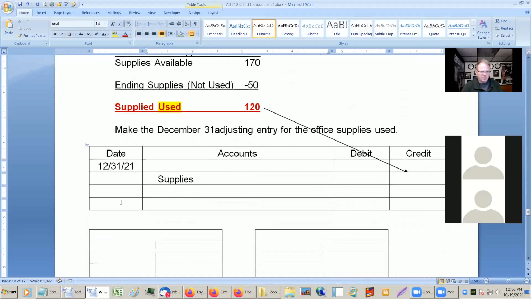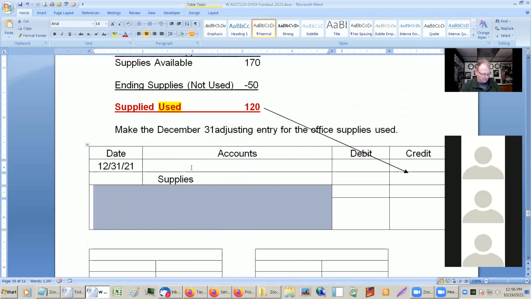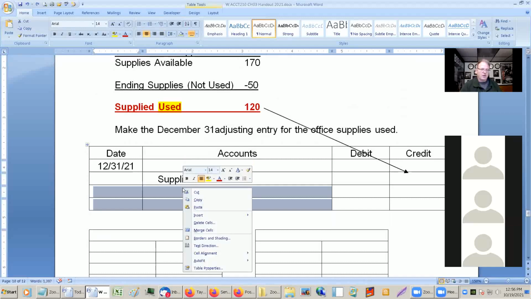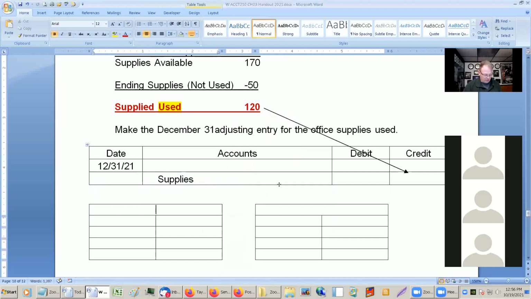I'm gonna jump down here for a second. So supplies. Here's what the supplies account had in it. The beginning amount in the supplies was 30, added 140 to it.